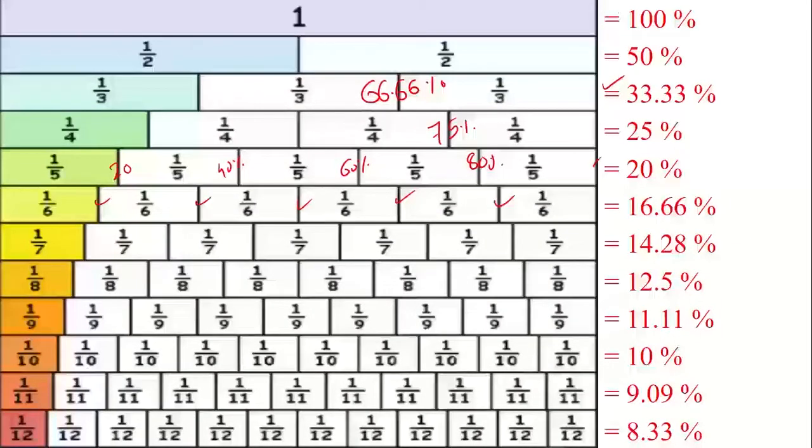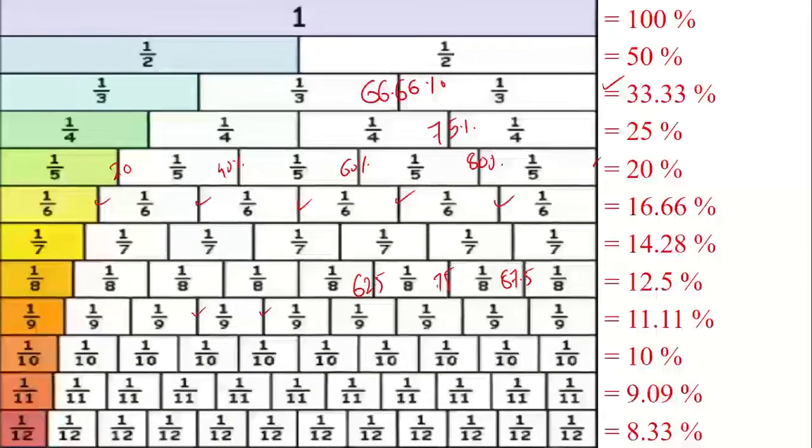So it's 1 by 8, 12.5, 25, 37.5, 50, 62.5, 75, 87.5 and 100. 1 by 9 is 11.11, 2 by 9 will be 22.22, 3 by 9 33.33, 4 by 9 44.44 and so on. So are the multiples of 9.